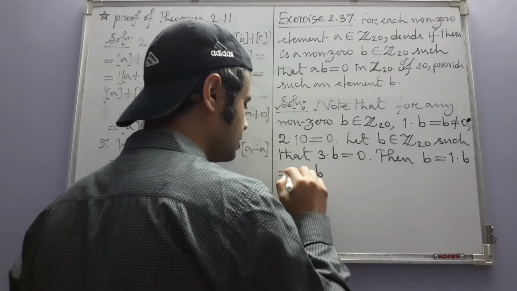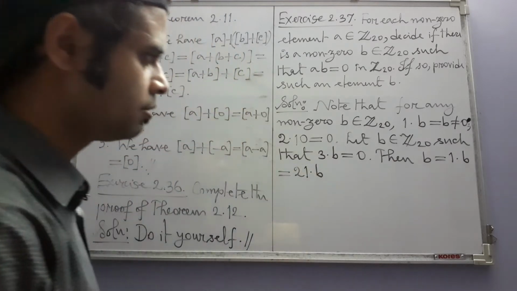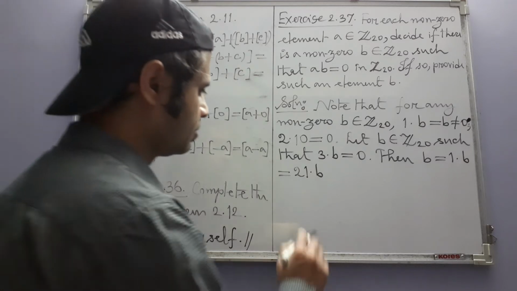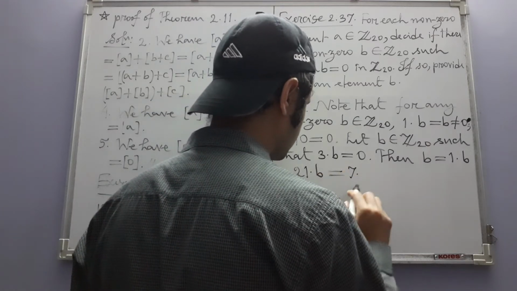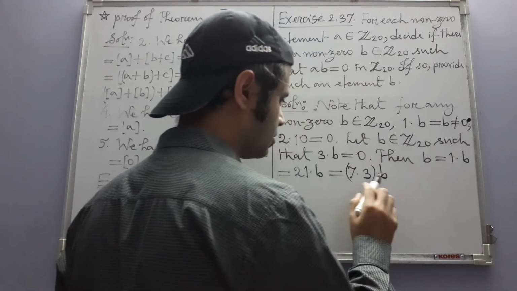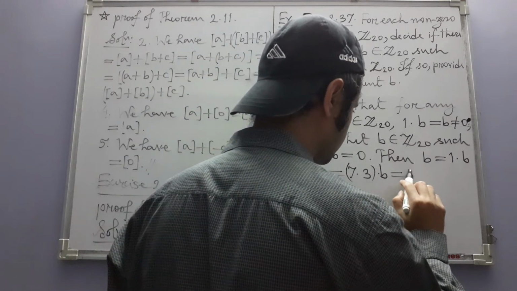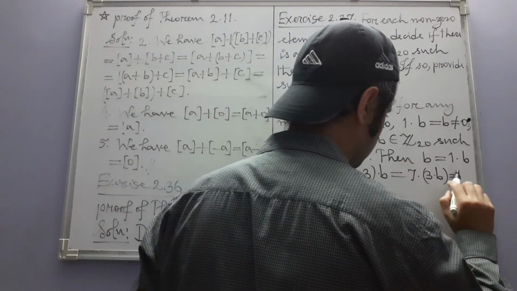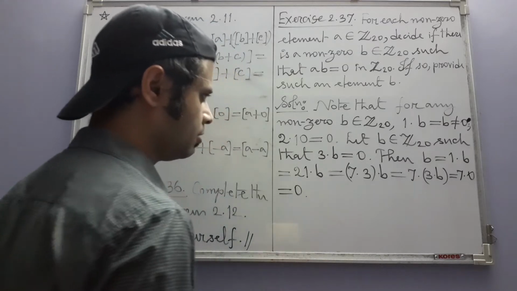1 is equal, let's just first write 1 is equal to 21, because 21 and 1 are congruent to each other, modulo 20. And 21 is 7 times 3b, but because multiplication mod 20 is associative, this is 7 times 3b, which is 7 times 0, and that is equal to 0.